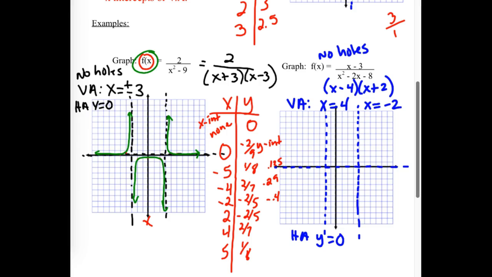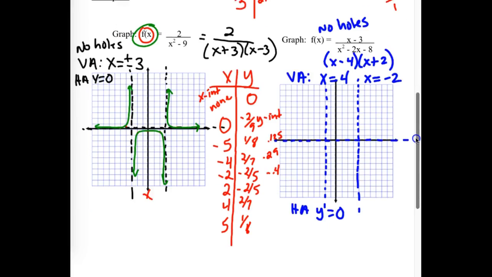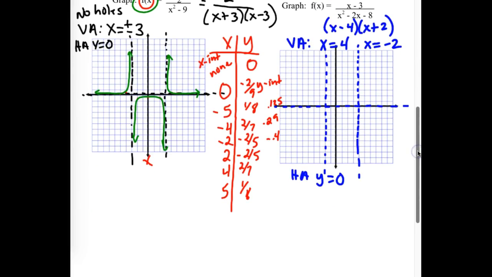All right. Finding our intercepts. If we put a 0 in for y, we're looking at what makes the top 0. What would make the top 0? A 3? All right, so I have an x-intercept at 3, 0.